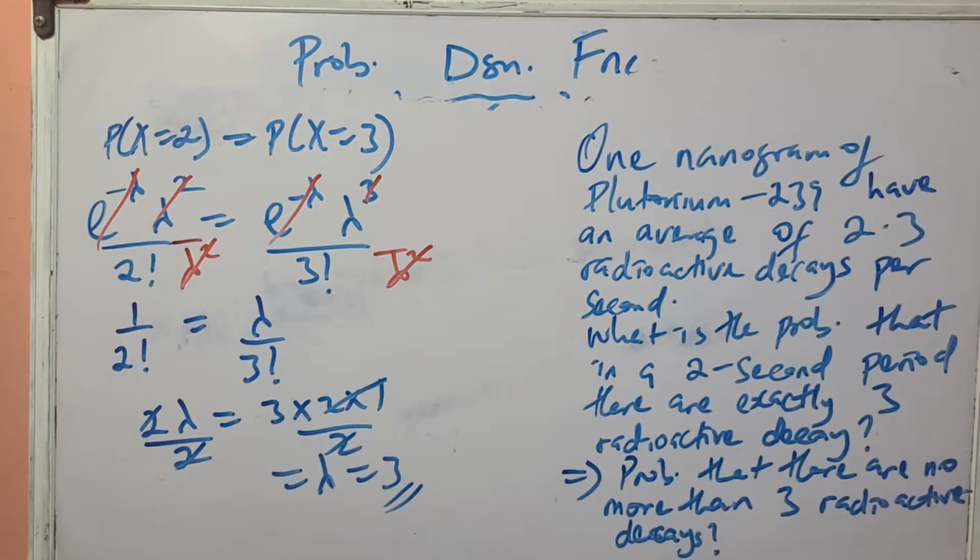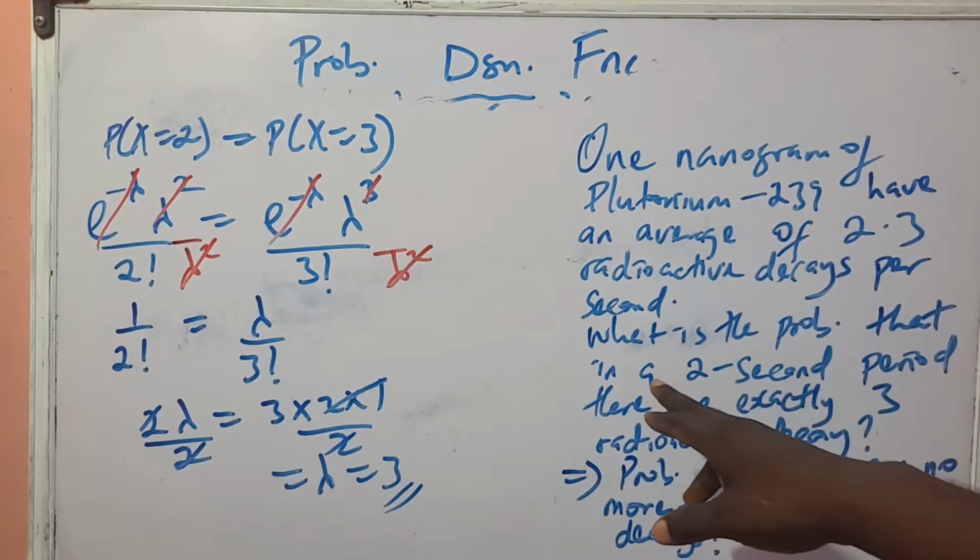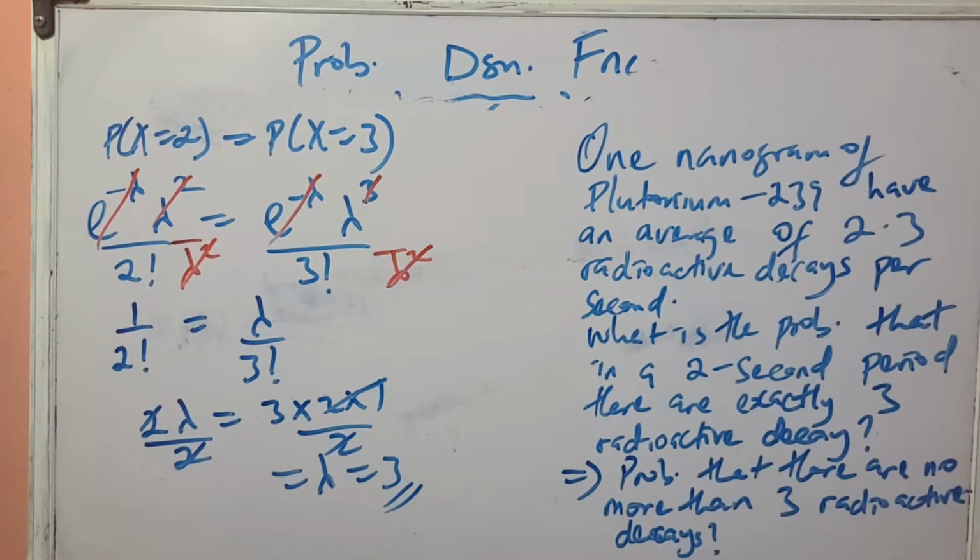So this first question said find the probability that in a 2-second period there are exactly 3 radioactive decays.